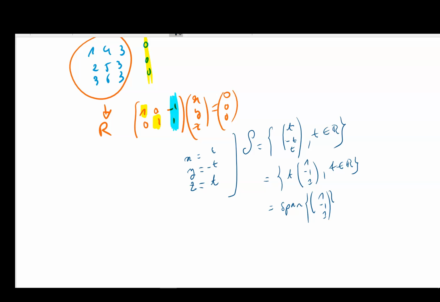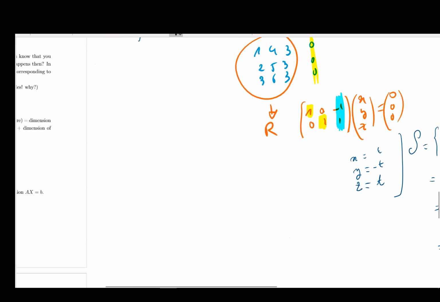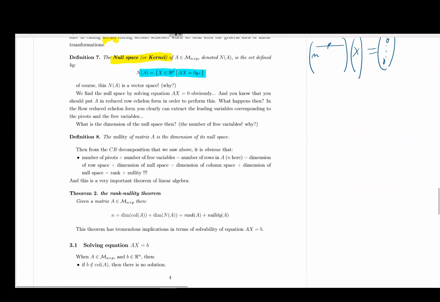Well, that's a single vector. Okay, and this is going to be my null space. This is the set of all the solutions to the equation A(x, y, z) equal to (0, 0, 0). Okay, all right, so that was an example.